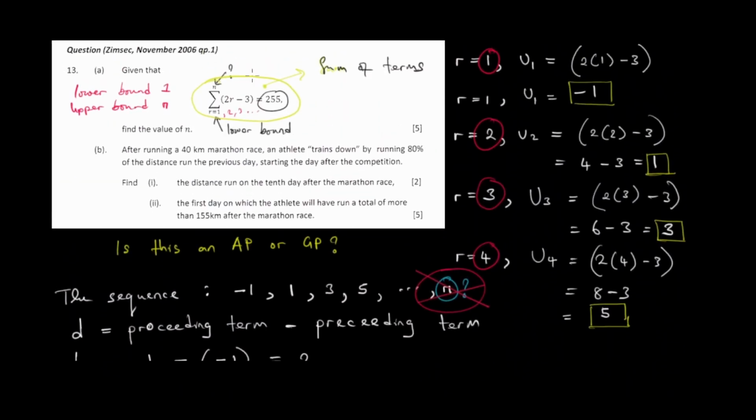Tikapiwa this summation thing, sigma notation, I'm sure titasangana tese pakunzwisisa kuti 255 is the sum of n terms, and I'm sure titasangana tese pa that understanding kuti the sum of all terms is 255.